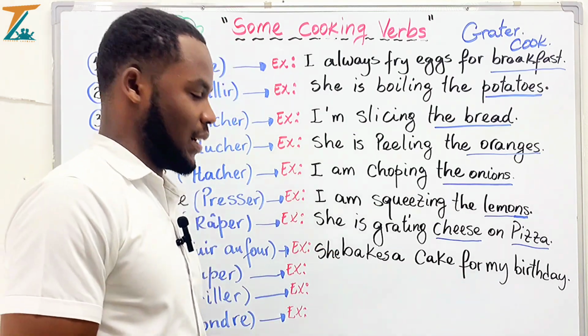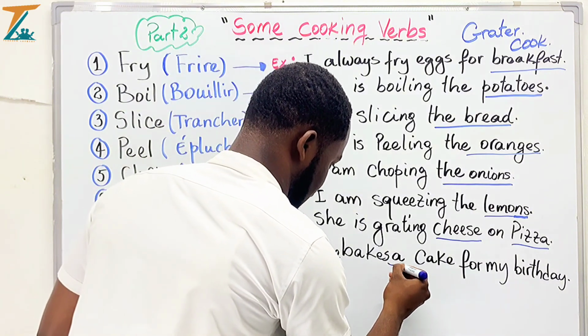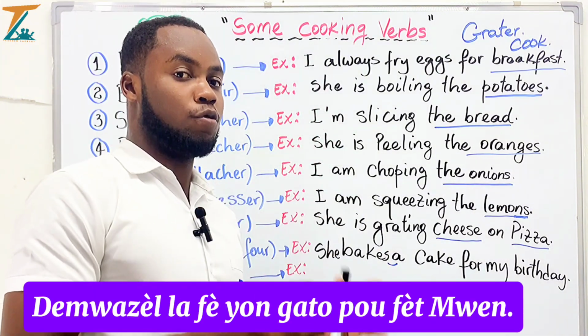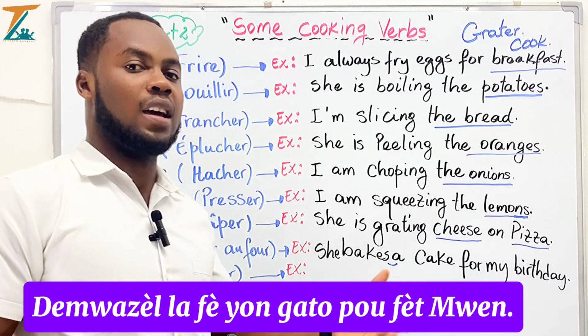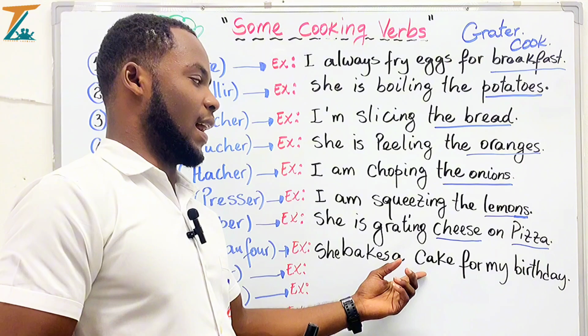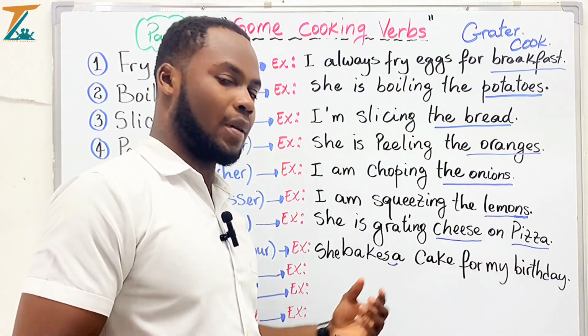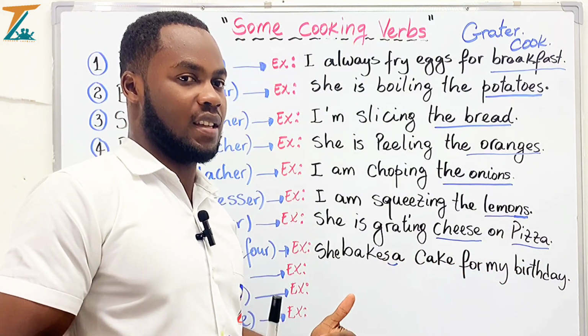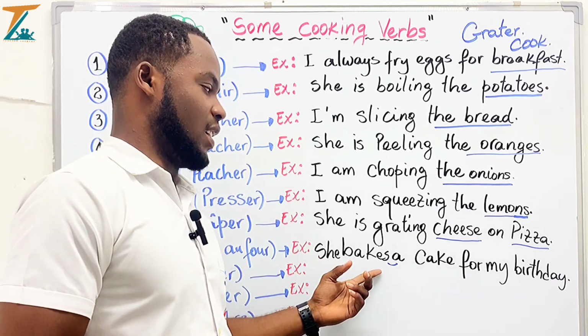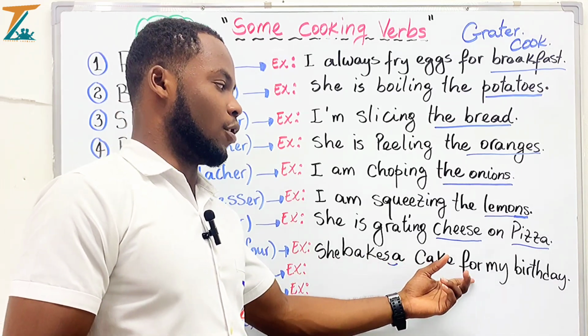Let's make the linked sound. We say she bakes a cake for my birthday. We can say cuire au four ou bien enfourner. Comment on peut dire ça? She bakes a cake for my birthday.